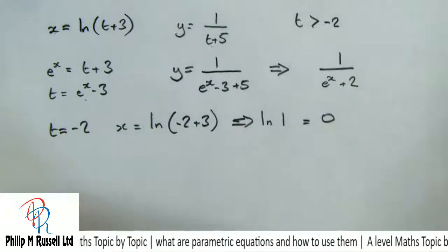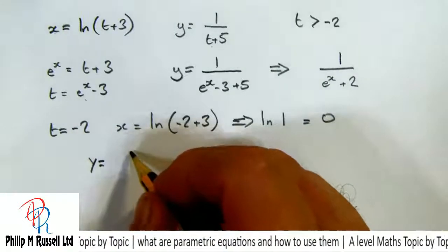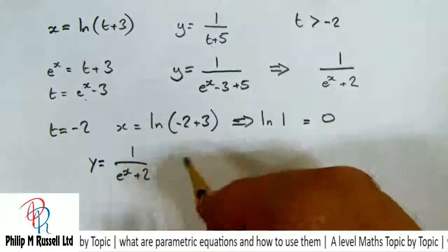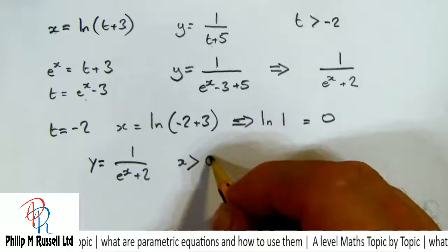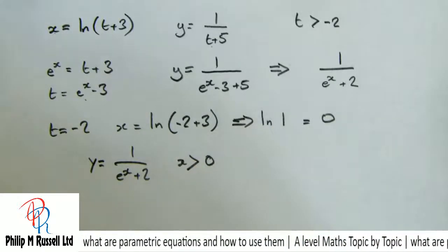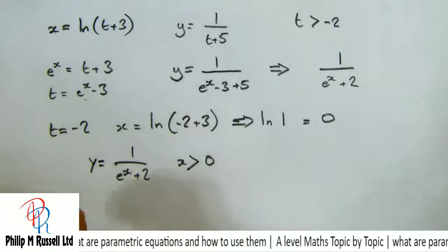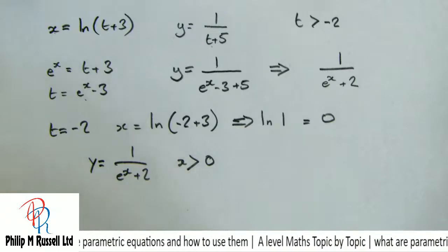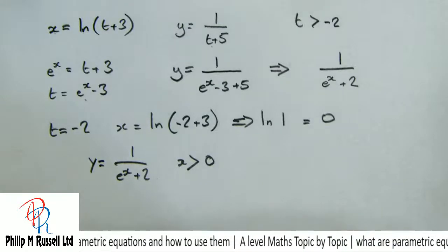We've got our Cartesian equation, y equals 1 over e to the x plus 2, and so we can see this is going to be valid while x is greater than 0. So we've got an idea of the range of our values. What else can we see?